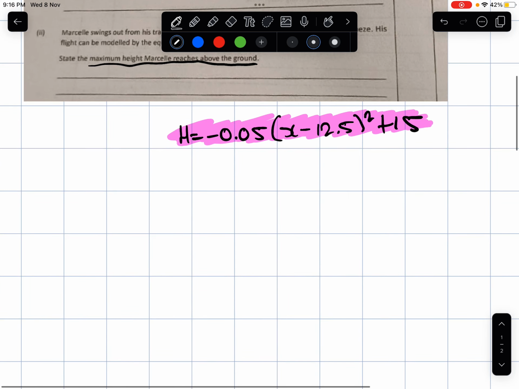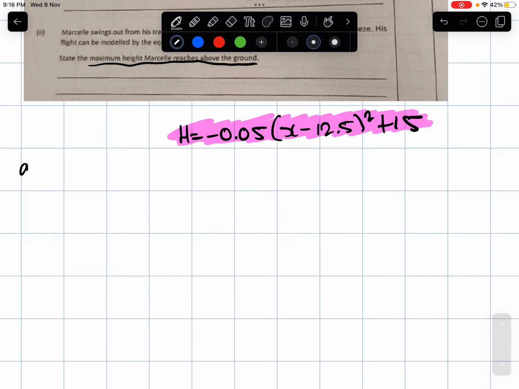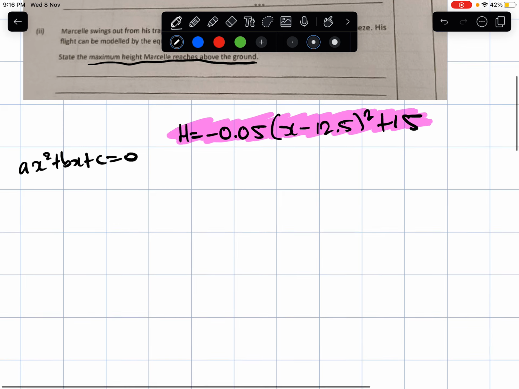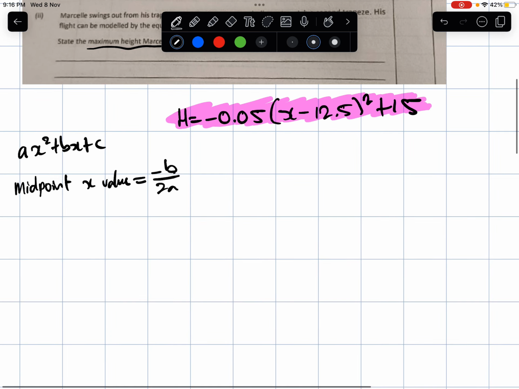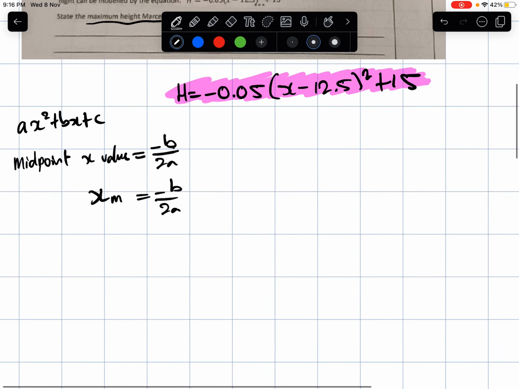Now, the midpoint for any parabola, which is ax squared plus bx plus c, is negative b over 2a. So I'll just simplify that. Xm for midpoint equals negative b over 2a.